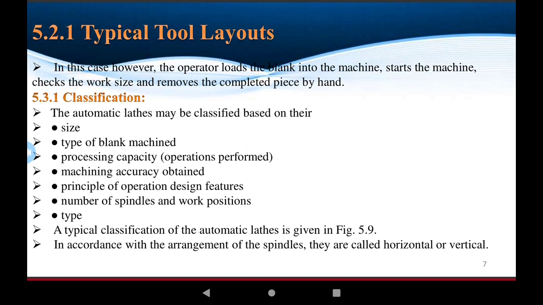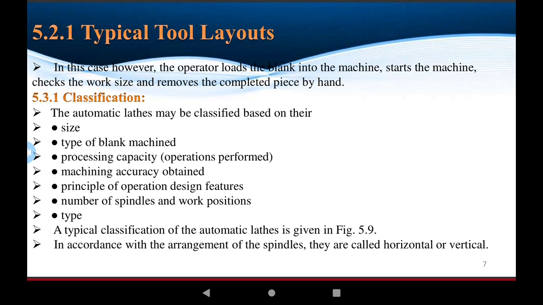The machine part checks the work size and removes the completed piece, and the machine automatically selects the workpiece and performs the manufacturing operation. The second also selects the size, removes the completed piece and starts the machine check.